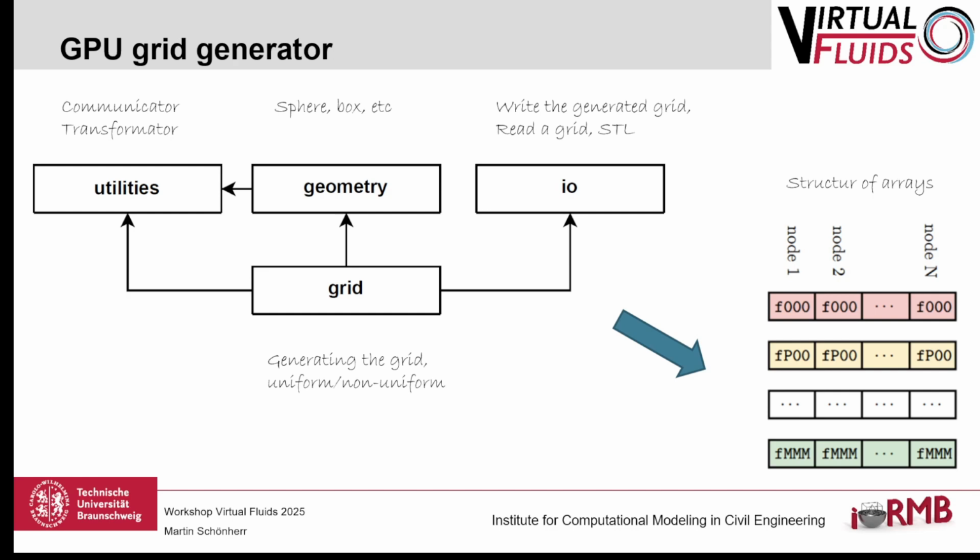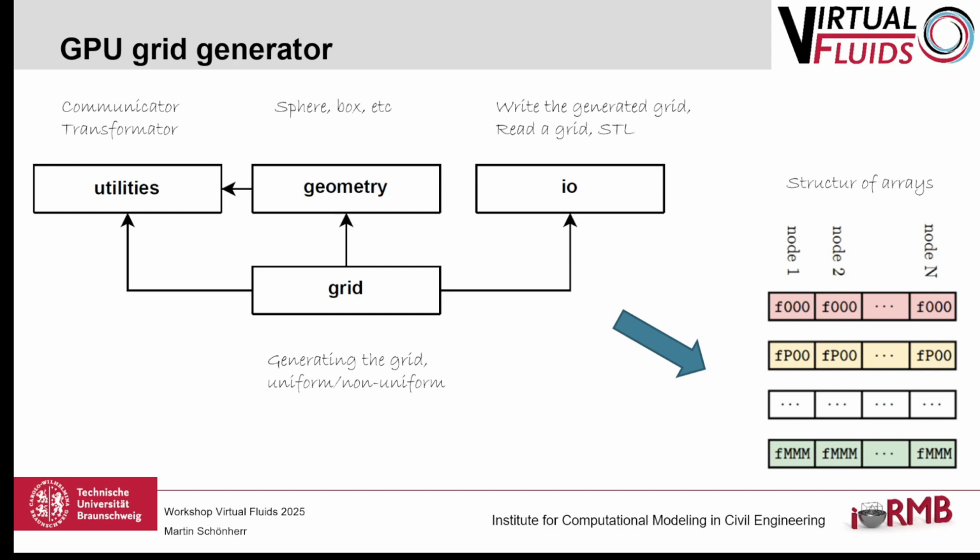And you have some I/O sub-library where you can write your generated grid to test if it's generated properly, or where you can read an STL or another grid. Then you have the sub-library grid that uses all this functionality to generate your grid, uniform grid, non-uniform grid, whatever. And in the end, you get this structure of arrays.